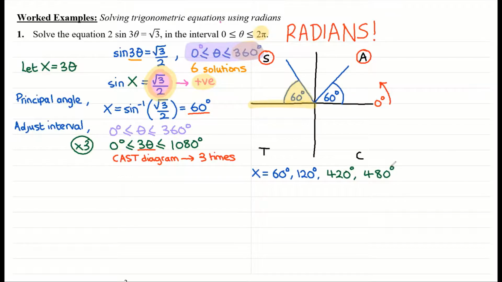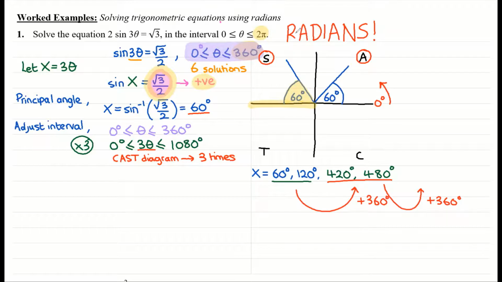So once you've got the first 2, it's easy. You're just adding 360 to get the next set. And then to get the next pair, you're going to add 360 degrees again.